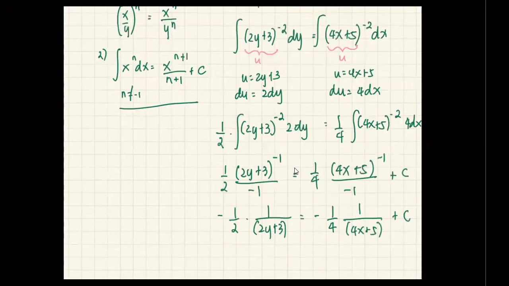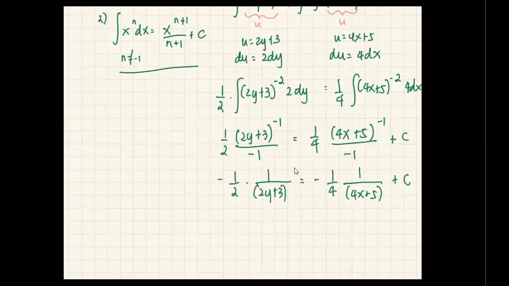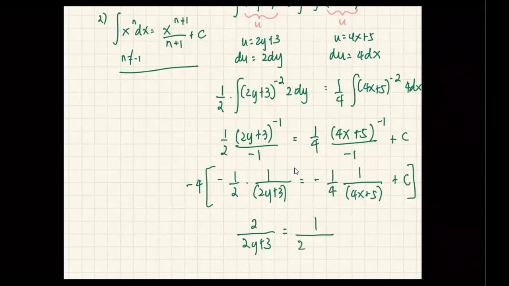So, pwede natin gawin, multiply natin both side by -4 para ma-simplify. So, this will be 2 all over 2y plus 3 is equals to 1 over 4x plus 5 plus c. So, this will be your final answer.